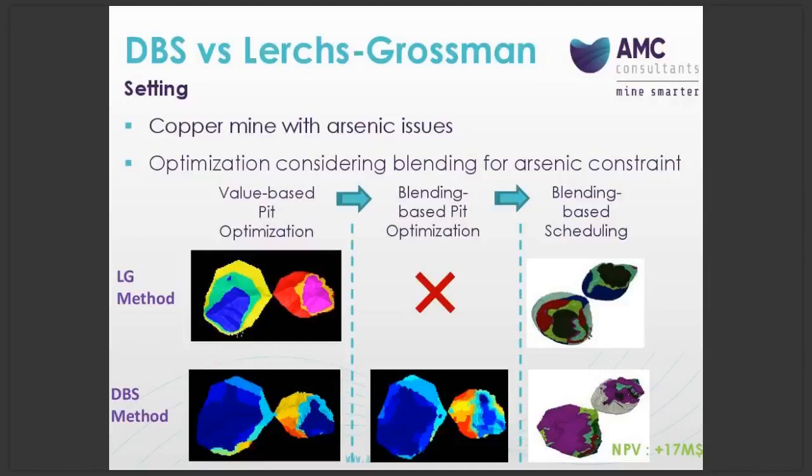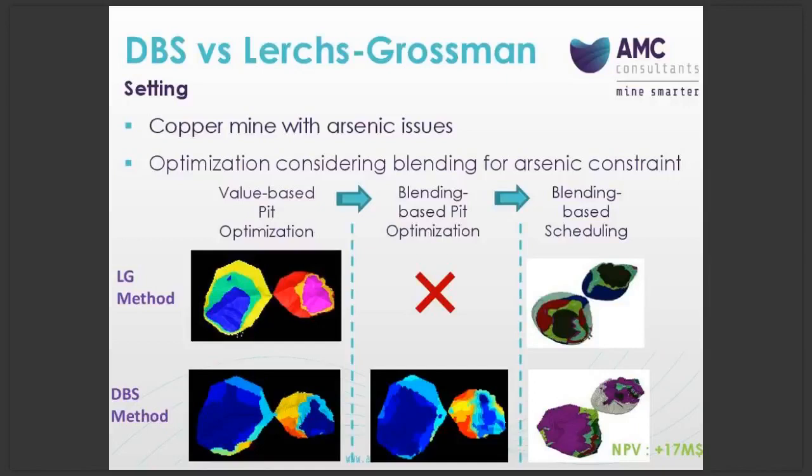Obviously, we couldn't use the high arsenic constraint to better define pushbacks, but we did some manual analysis to understand the arsenic distribution, and by playing around with cutoff grades and so on, we were able to optimize those pushbacks a bit. We then inputted the pushbacks into a strategic optimizer and ran a schedule. Obviously, when we run the schedule, we then apply the arsenic constraint.